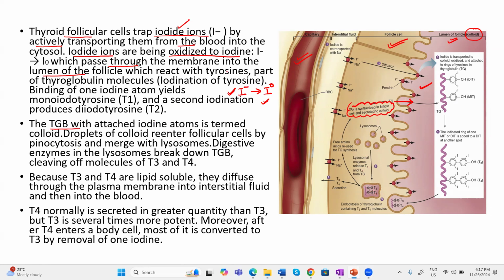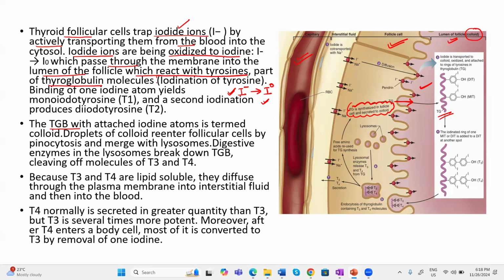Now what is going on? In this thyroglobulin protein, if the amino acid is tyrosine, iodine will react with the tyrosine part of the amino acid. So please focus, beta. Iodine will react with the tyrosine part of the thyroglobulin molecule.